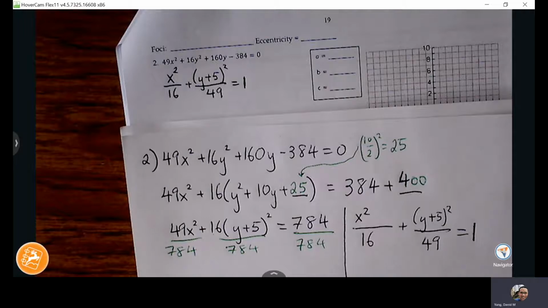Okay, so now it just feels like yesterday, right? You can find the center, find your A value, find your B value, graph your ellipse, find your C value, get to your focus.